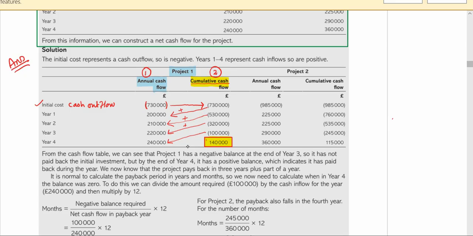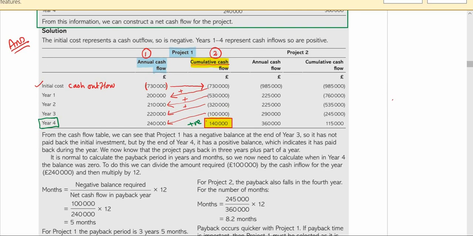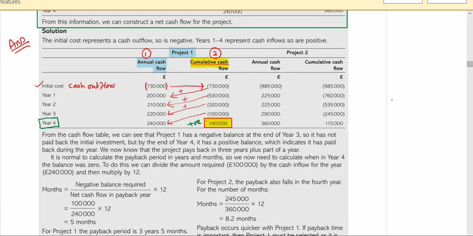Now you can see our cumulative cash flow turns positive at year 4. But actually it did not happen at year 4.